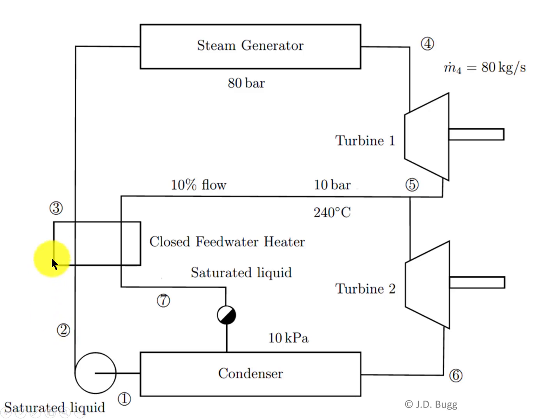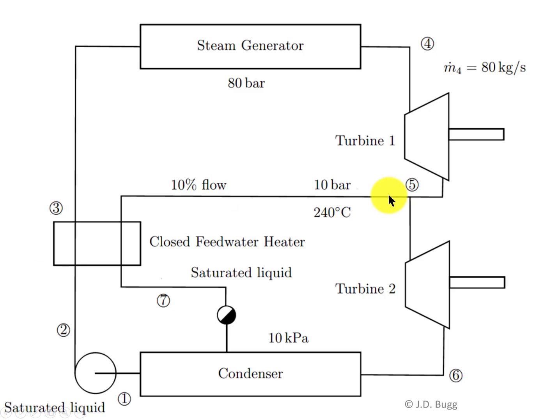Essentially H2 and H3 will become equal if this extracted steam is closed off, because there'll be nothing coming through here to preheat the feed water on the other side of this heat exchanger. So that's the first effect. We're going to have to add more heat into the steam generator because there's no preheating of the feed water anymore.